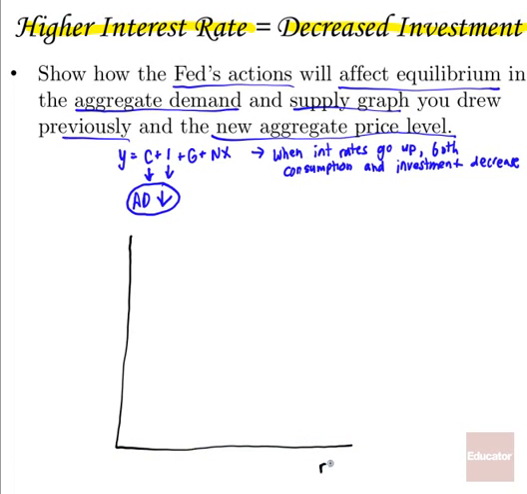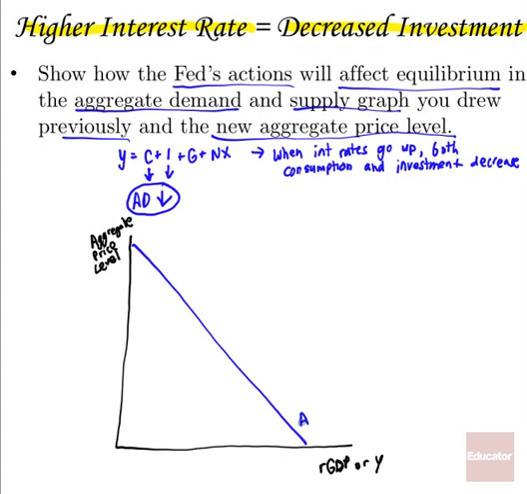This is our GDP, or Y, and on the Y-axis is the aggregate price level.